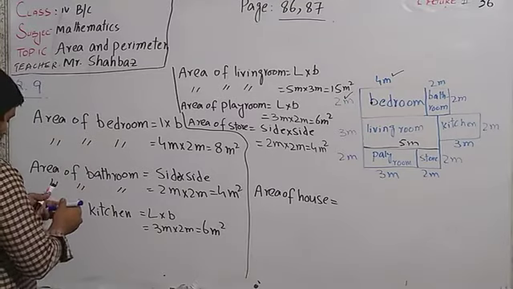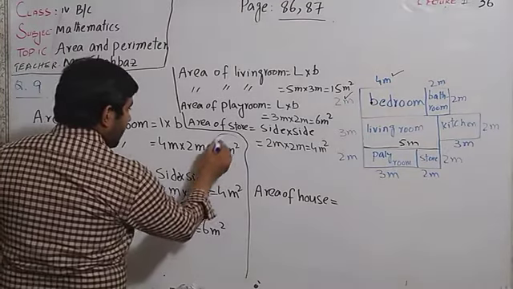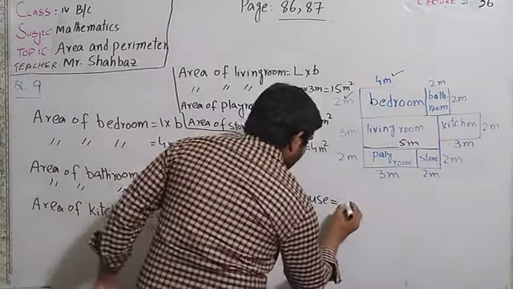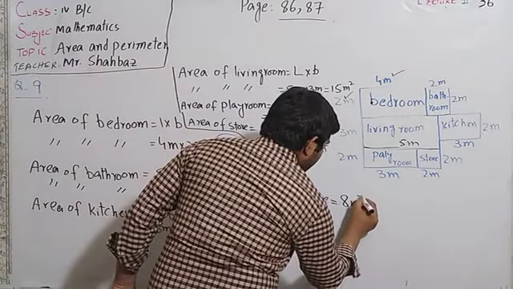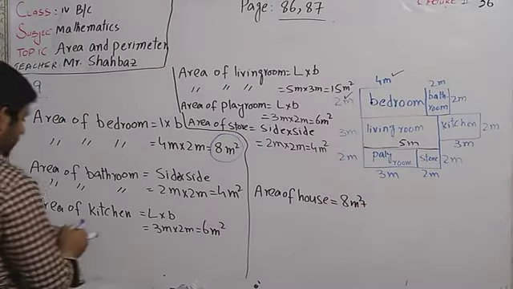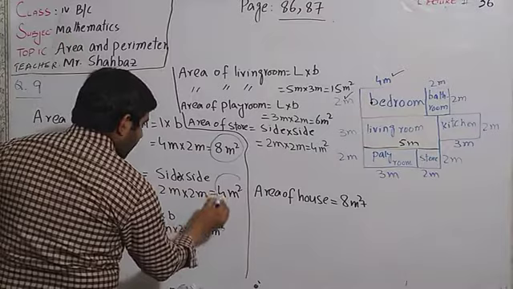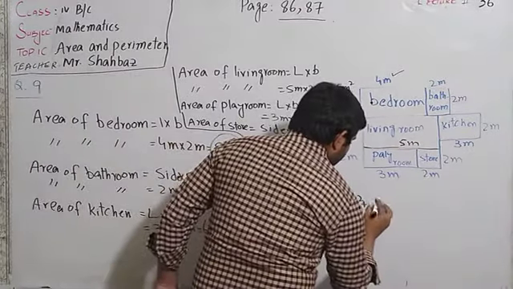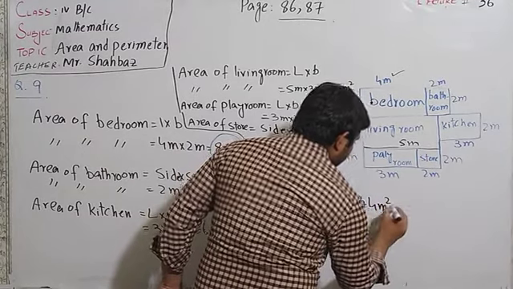Area of bedroom, this is the area of bedroom, we have 8 meter square plus. Then we have area of bathroom, this one, 4 meters square.